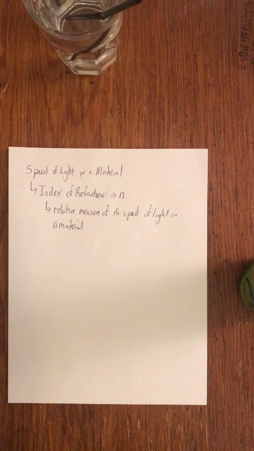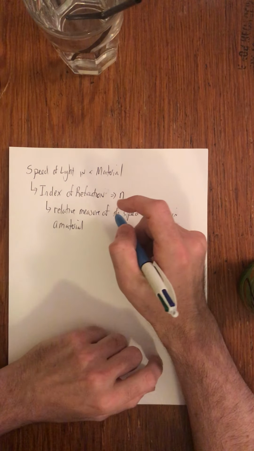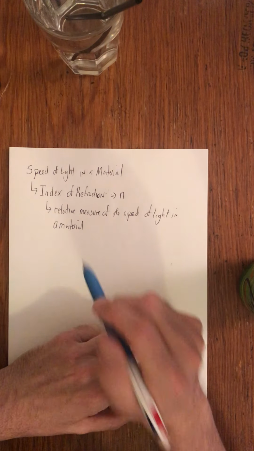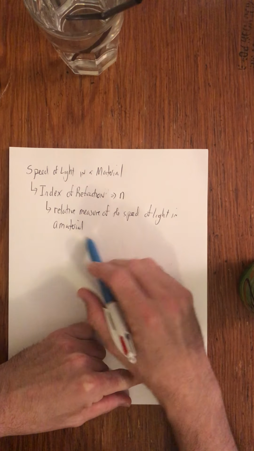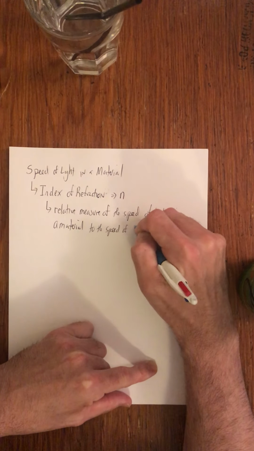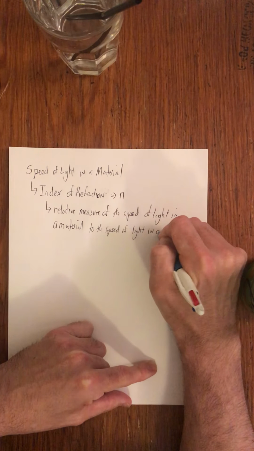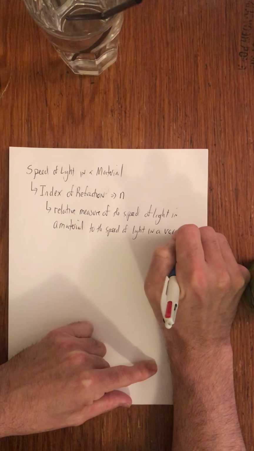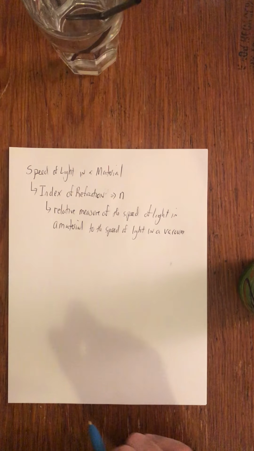Now notice it's a relative measure, so what do we want to make it relative to? Well, let's make it relative to something that is always the same. And the best thing that we can do that's always the same when we're talking about light is a relative measure of the speed of light in a material to the speed of light in a vacuum. That's the relationship we're going to do.